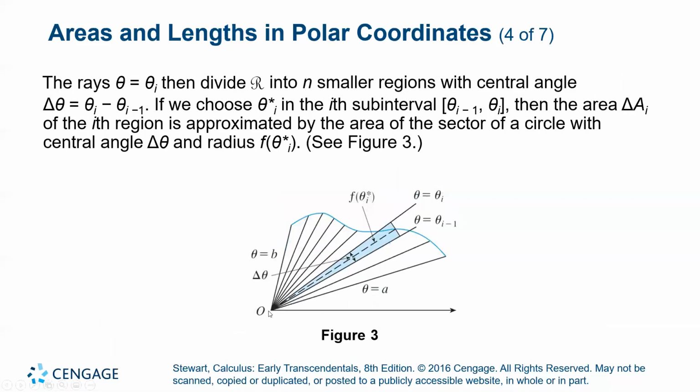So if you divide our region based on a bunch of different angles, that's what all the black lines are, several different angles, theta i minus 1, like you see on the screen, and we choose one in there, then we can use the standard Riemann sum idea to figure out the equation that represents the area under this curve.